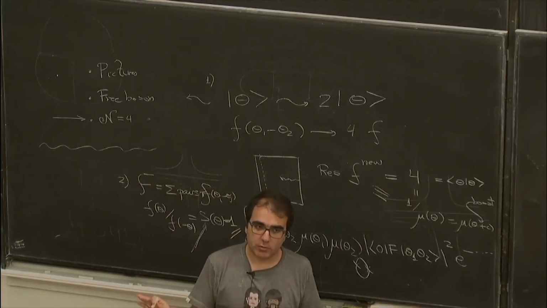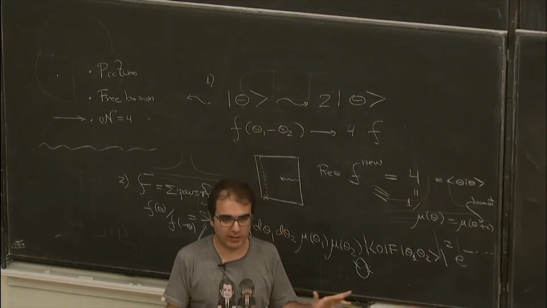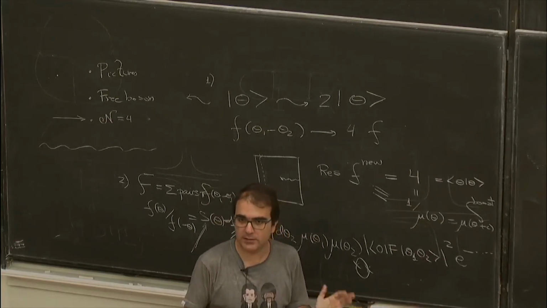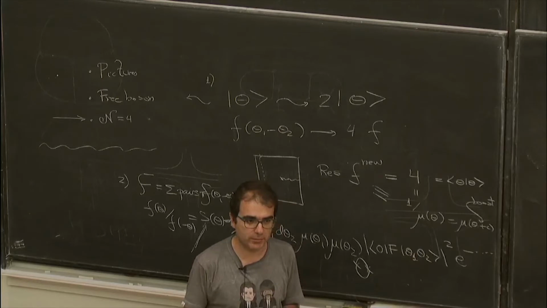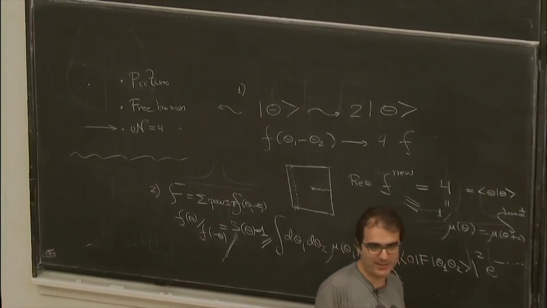For more than two particles, you can do it for free boson, free Fermi, Ising model, and N equals 4. That's more or less the status, because in practice the algebra is so complicated that people cannot systematically compute. So those are the four simplest theories: free boson, free Fermi, Ising model, and N equals 4. The next to simplest is Sine-Gordon.